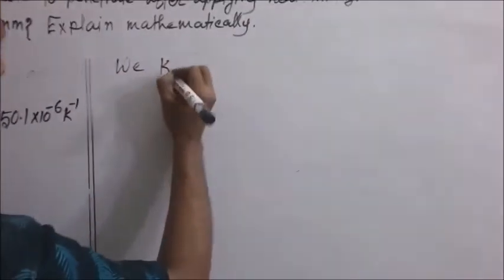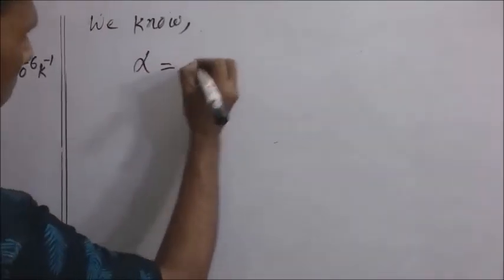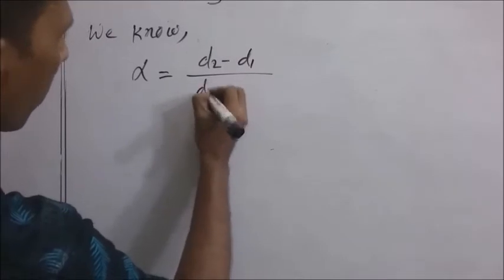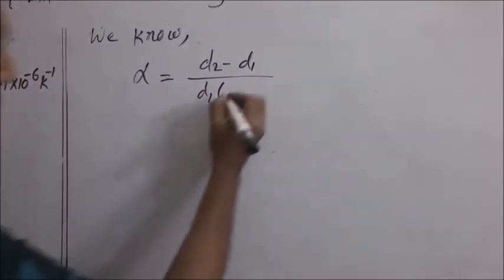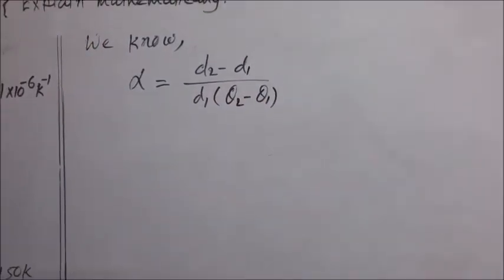We know alpha equal to d2 minus d1 by d1 into theta 2 minus theta 1.